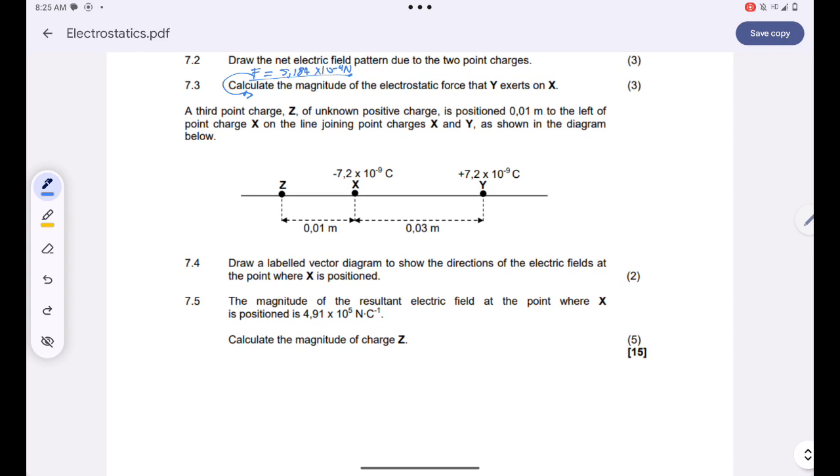And then now we are told that a third point charge Z of unknown positive charge.